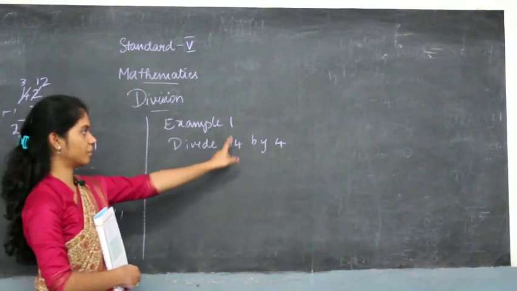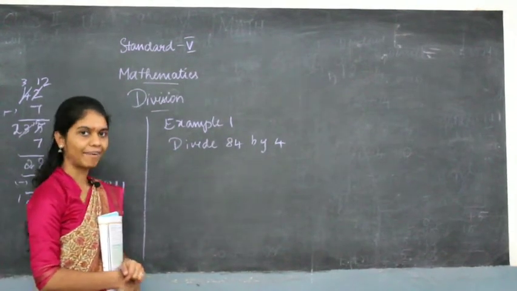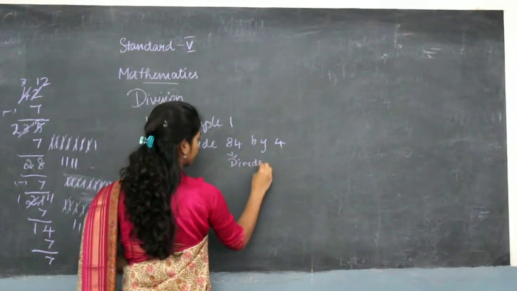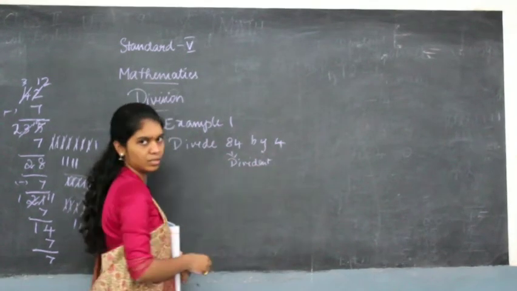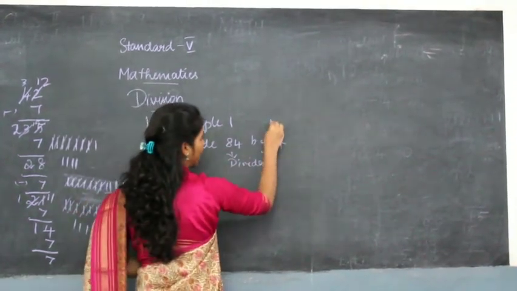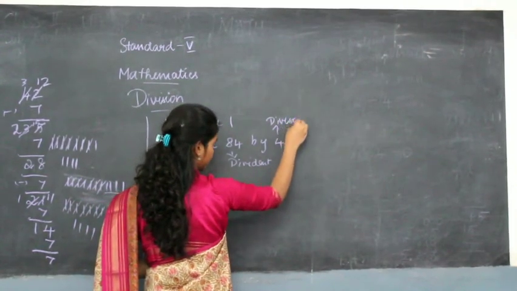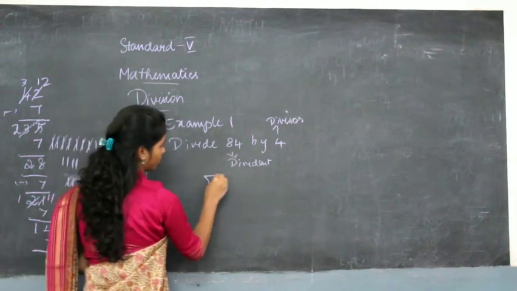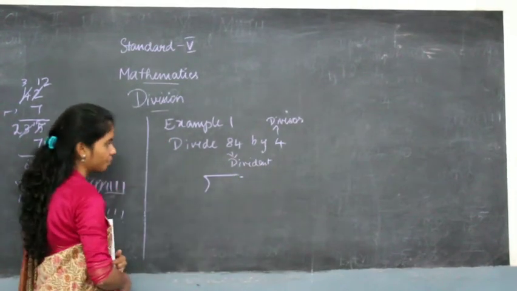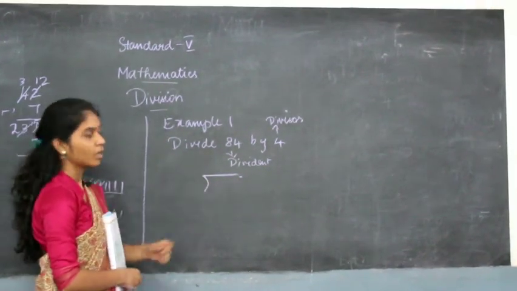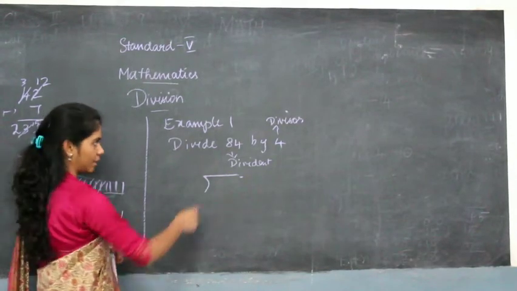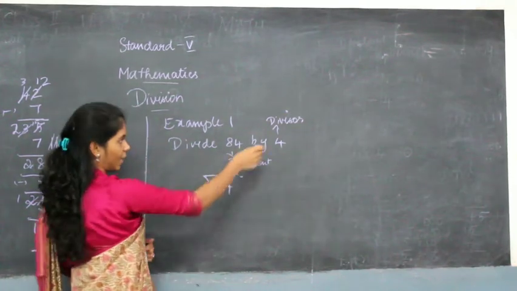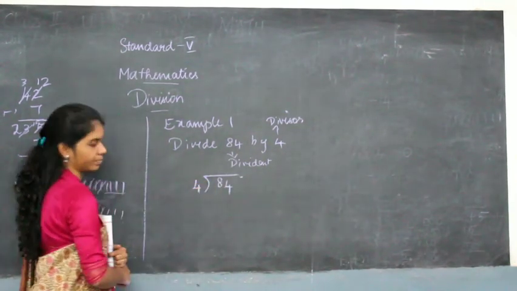Now the first term, the big one, is the dividend, and the second one is the divisor. For division, all you have to do is you have to put this one first, the dividend should be inside and the divisor should be outside.